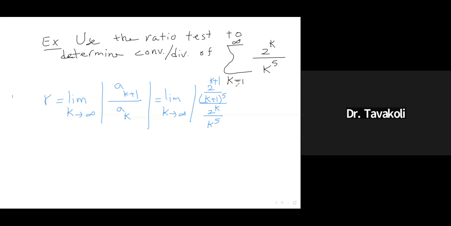Since all the terms are positive, the absolute value doesn't do anything, so I can ignore the absolute value sign. And if I simplify that fraction, 2 to the power of k plus 1 times k to the 5 goes to the top, and 2 to the power of k times k plus 1 to the power of 5 goes to the bottom.